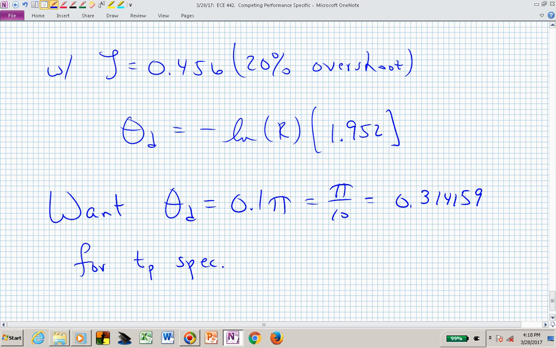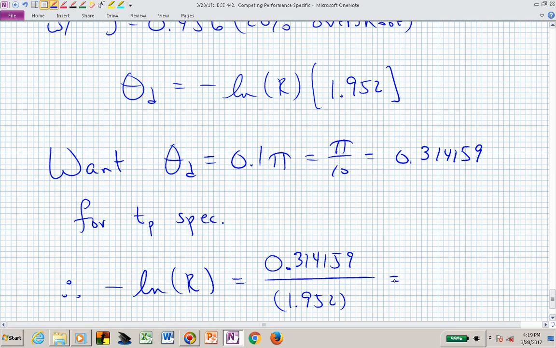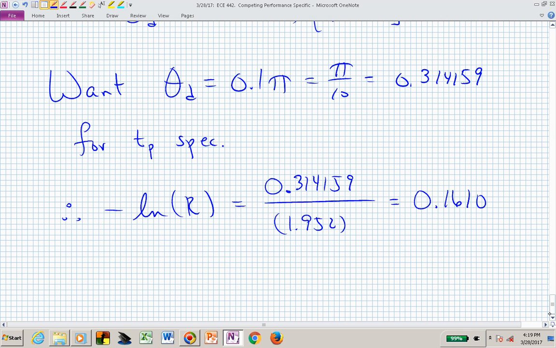We now set that into the right-hand side, therefore minus natural log of r is going to equal theta sub d, or 0.314159, divided by the 1.952, or that's now 0.1610 for the natural log of r.